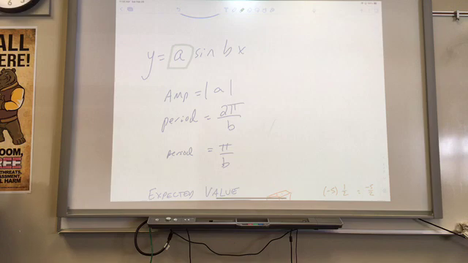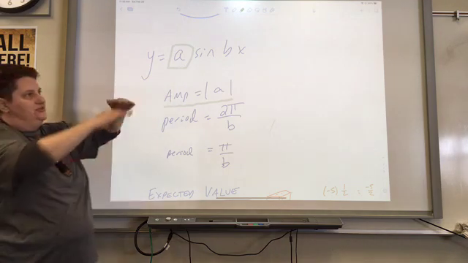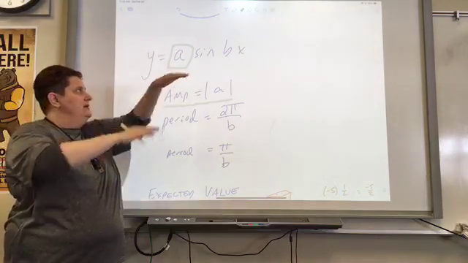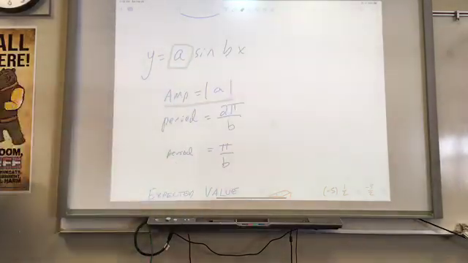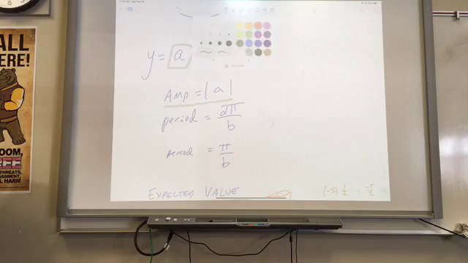Specifically, the amplitude is an absolute value because it means the height. Whether it's going up or down, I don't care. That's the height, and that changes this. Now, do you guys know what b does? If you have physics, you might remember this too. The frequency. You have the amplitude and you have the frequency.